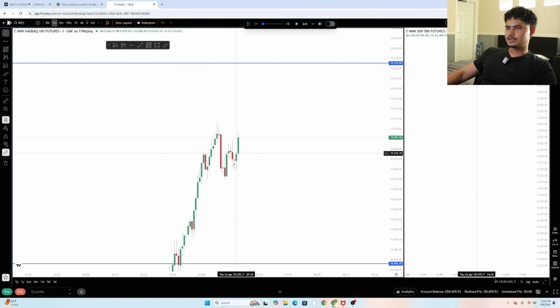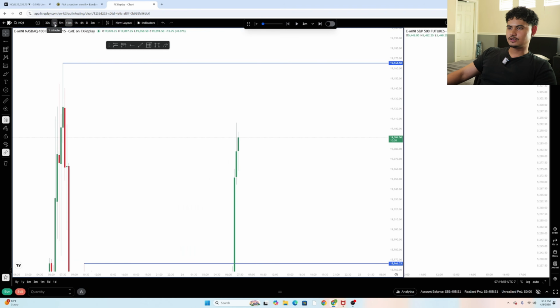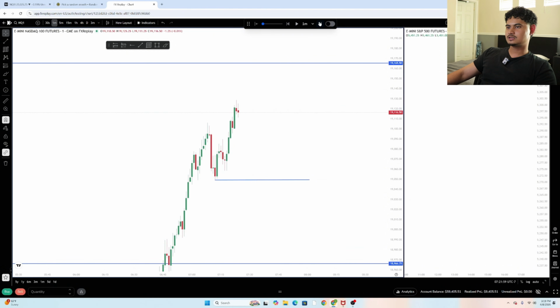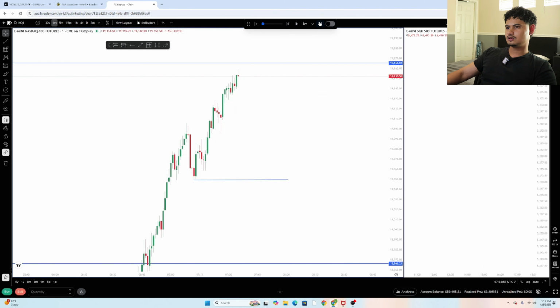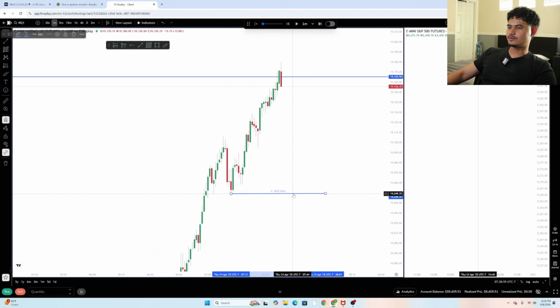I don't like, mm, that's an okay setup. There is a 15-minute gap though that I could tap into first, so that is why I don't really like it. I feel like I can sweep this out, tap into the 15-minute gap, and then go higher, but I wouldn't want to take the risk. So we would have gone break even, and yeah, I would have played out, but I'm fine with missing out on that trade.